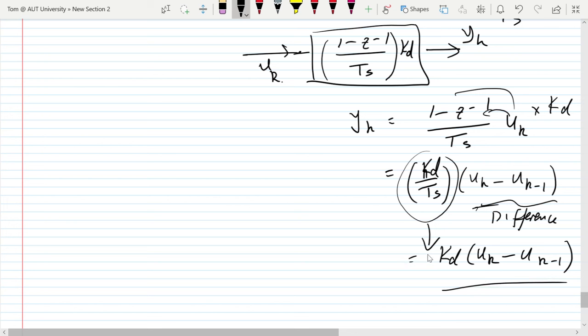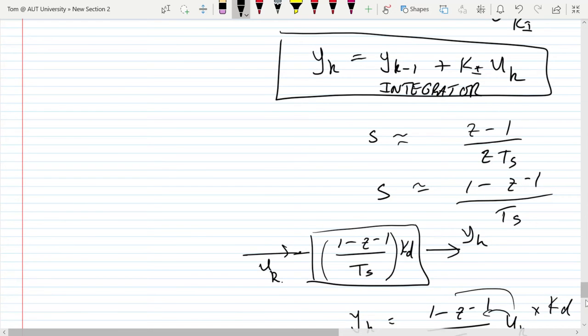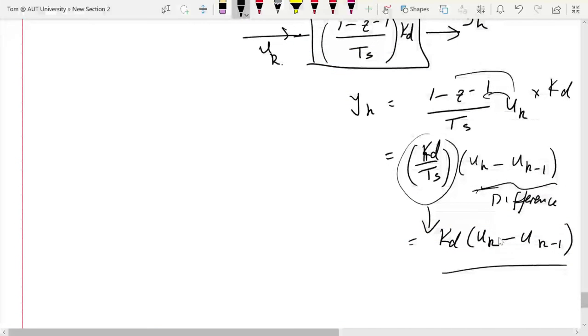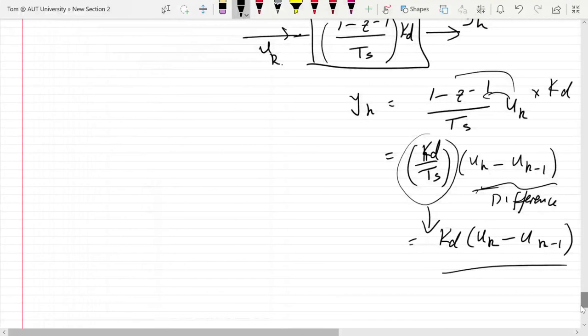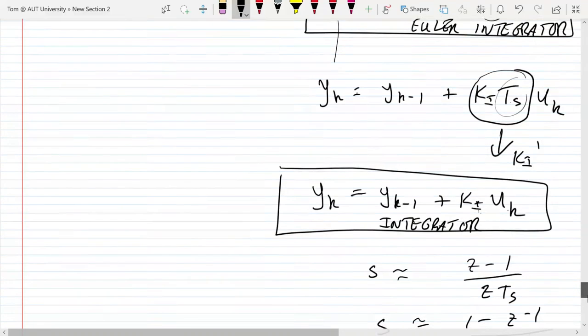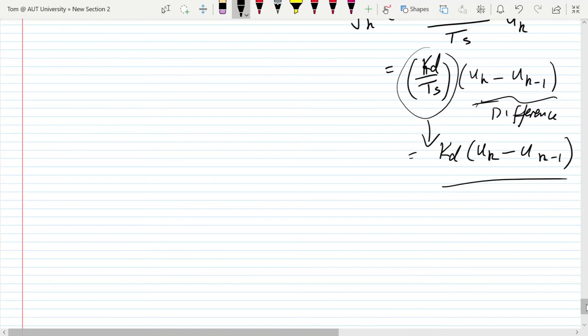Those two are absorbed. So that's a difference term. This is an integrator, that's a difference. You just take the error minus the previous error. For the integrator, it would be output is equal to the previous output plus Ki times the error. Again, they're all going into the error. And the proportional term is just a multiplication by a scaling factor.